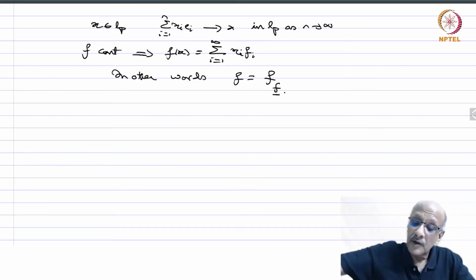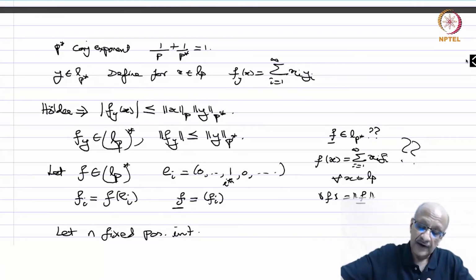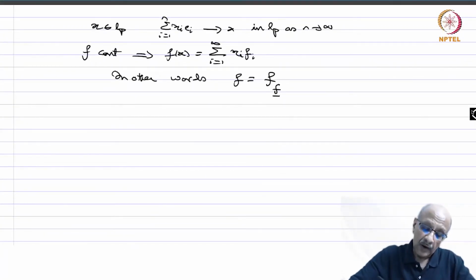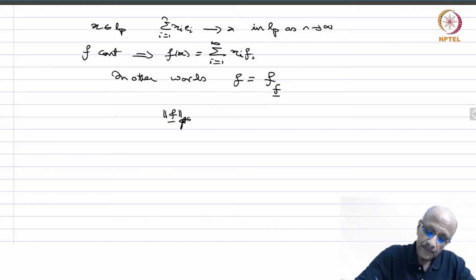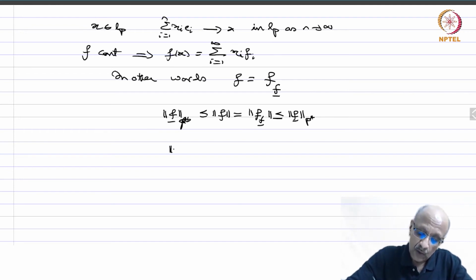We remember the notation which we used, f sub y, which we defined like this. So therefore you have the same thing. And what have we shown? We have shown that norm of f bar in LP star is less than or equal to norm f, and norm f is less than or equal to norm f bar in LP star, and therefore the two norms are equal.